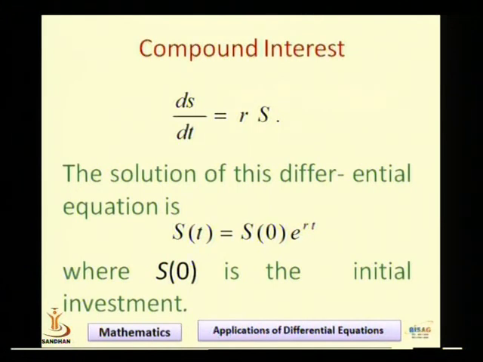Actually dS/S = r dt, then you integrate it. So I will get log S = rt plus some constant. From this I can find out S(t) = S(0) e^(rt), where the arbitrary constant is represented by S(0). So that is the initial investment, when time t is equal to 0.